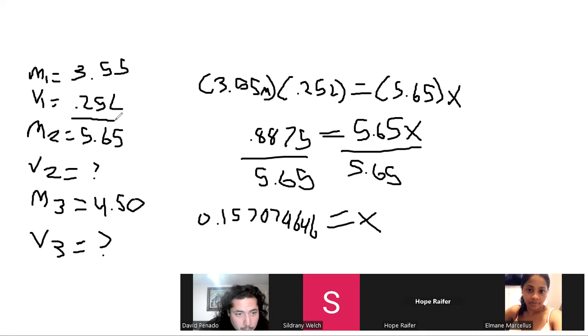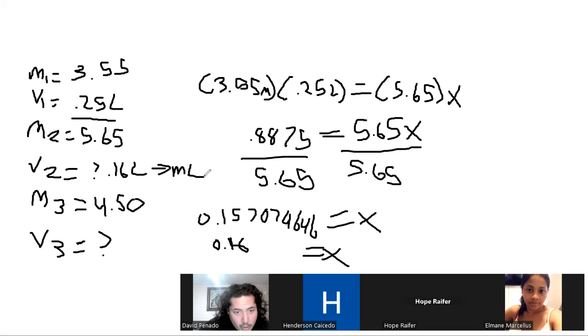And our liters here is 2 sig figs, so the answer is almost 0.16. So that's our V2, 0.16 liters. But now we have to change this to milliliters. We can change it now or later, it's up to you guys.